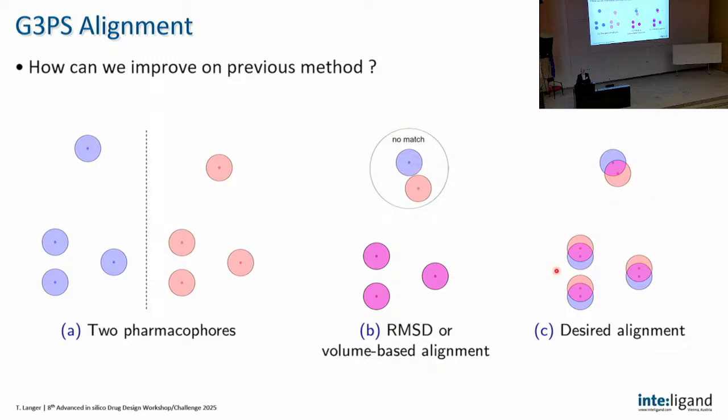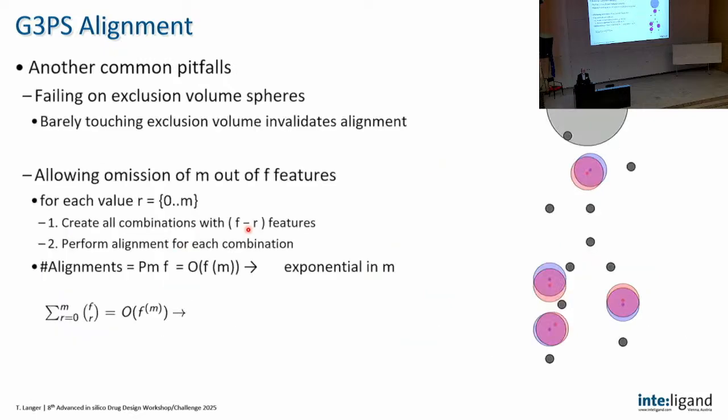So the desired alignment is this one, actually not this one here, when we have 2 pharmacophores that we need to align. Then it's also important to look at the exclusion volumes, where alignments sometimes would fail on an exclusion volume sphere when they barely touch the exclusion volumes, which invalidates an alignment. But if you move it a little bit, it will not touch it anymore.